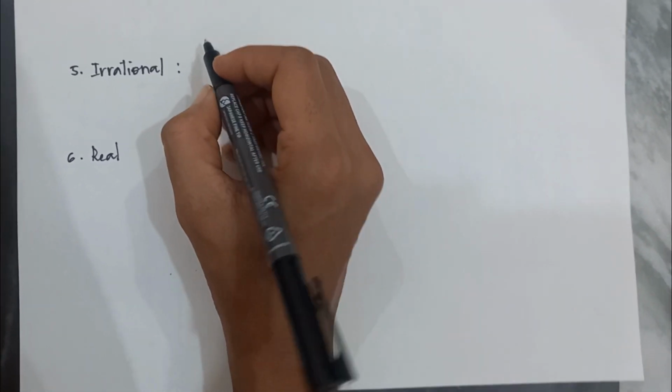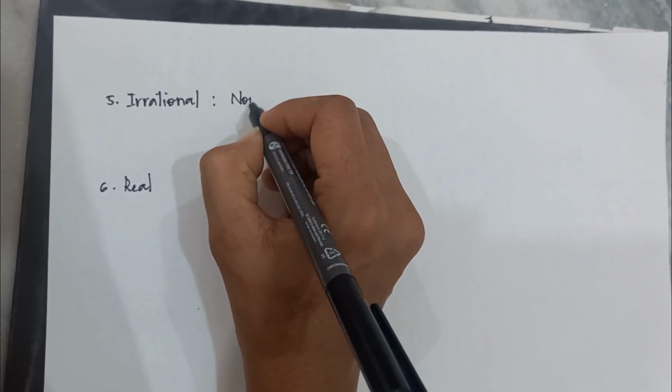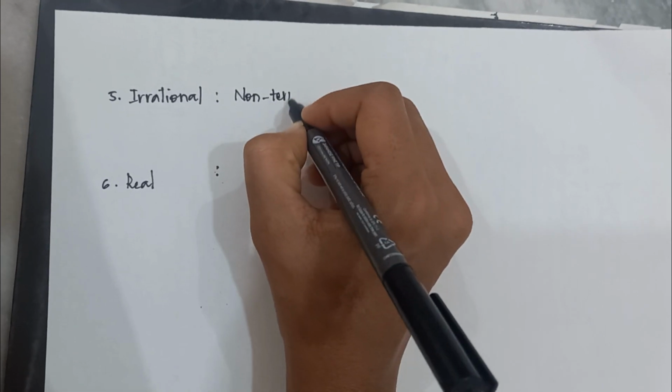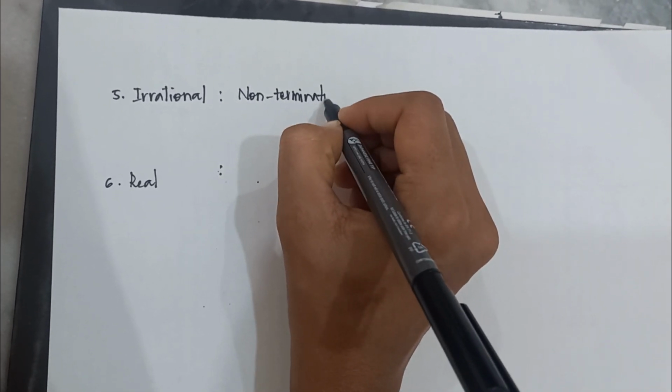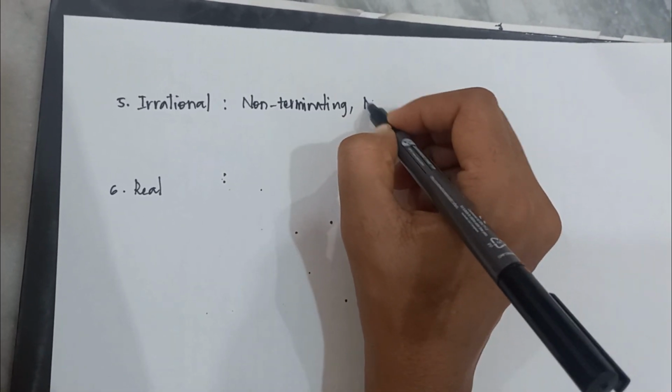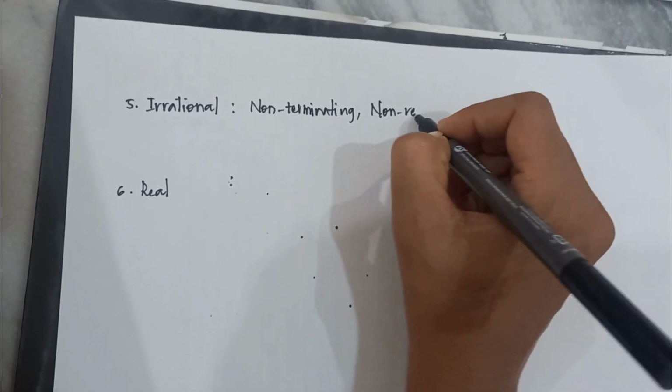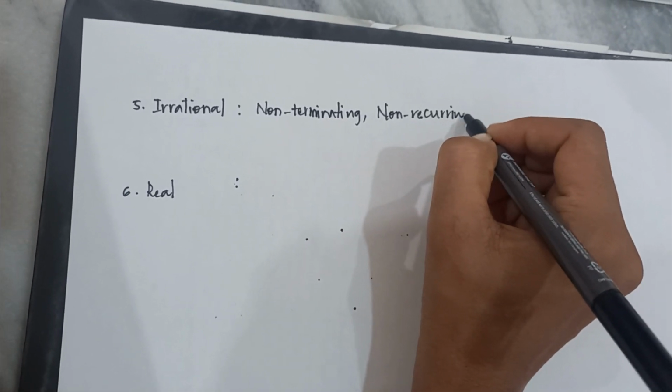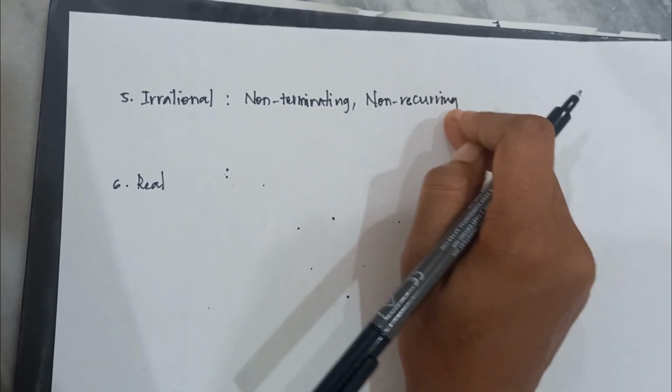Irrational numbers are the numbers which are non-terminating and non-recurring. Those numbers are called irrational numbers.